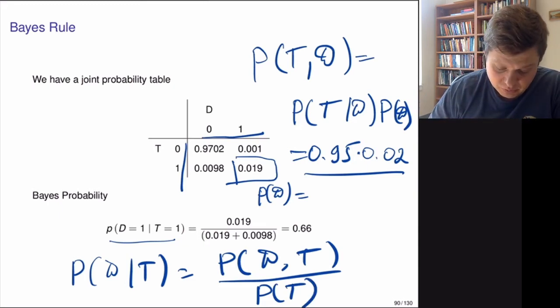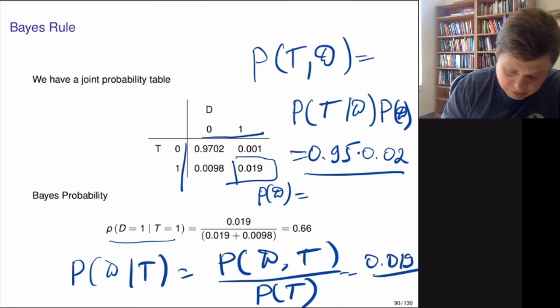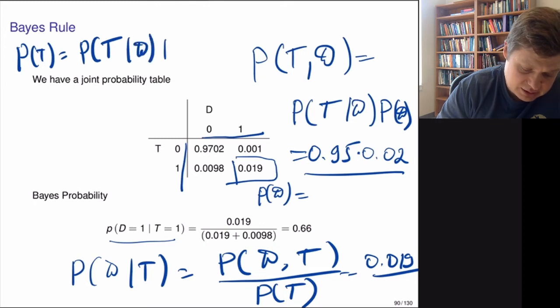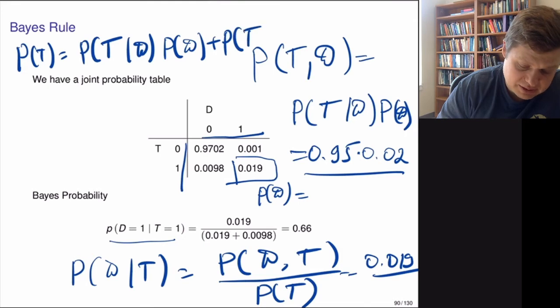Well, this one we know, we calculated this one already, 0.019. Now the probability of having a positive test is just the probability of getting a positive test when the person has disease times the probability that the person actually has disease, plus the probability of getting a positive test when the person does not have disease times the probability that the person does not have the disease.